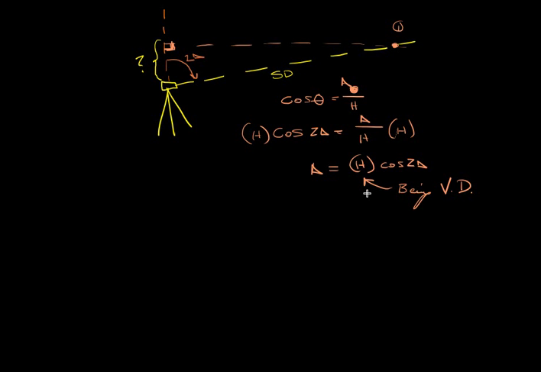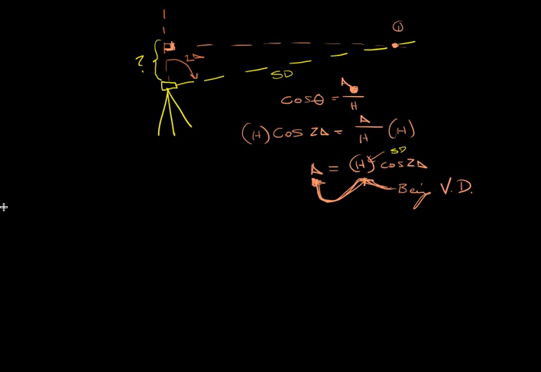A being the vertical difference, and H is your slope distance. Let me just define it fully.